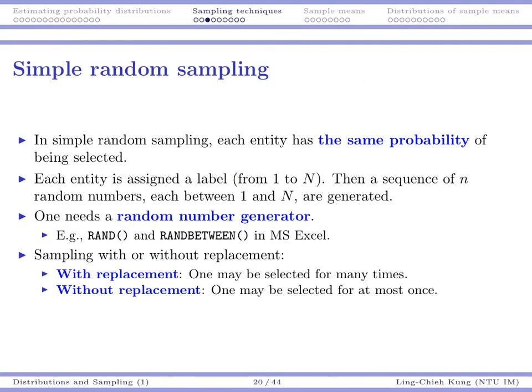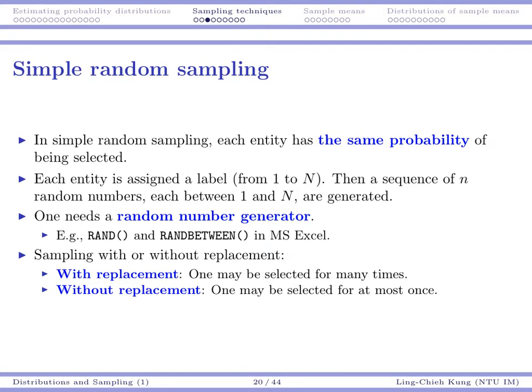Okay, so the easiest way to do random sampling is obviously simple random sampling, which means each entity has the same probability of being selected. If I want to do that, I'm first going to assign each entity a label from 1 to, let's say, capital N, and then generate a sequence of small n random numbers.